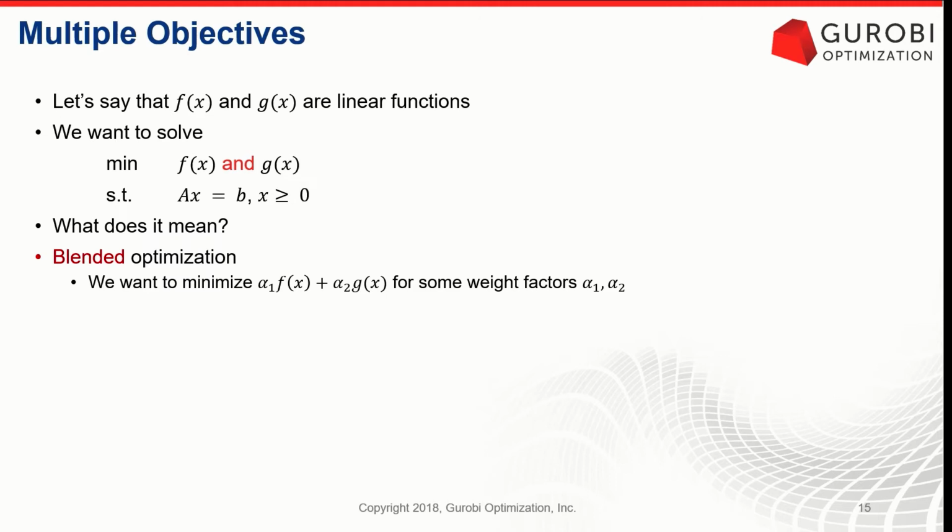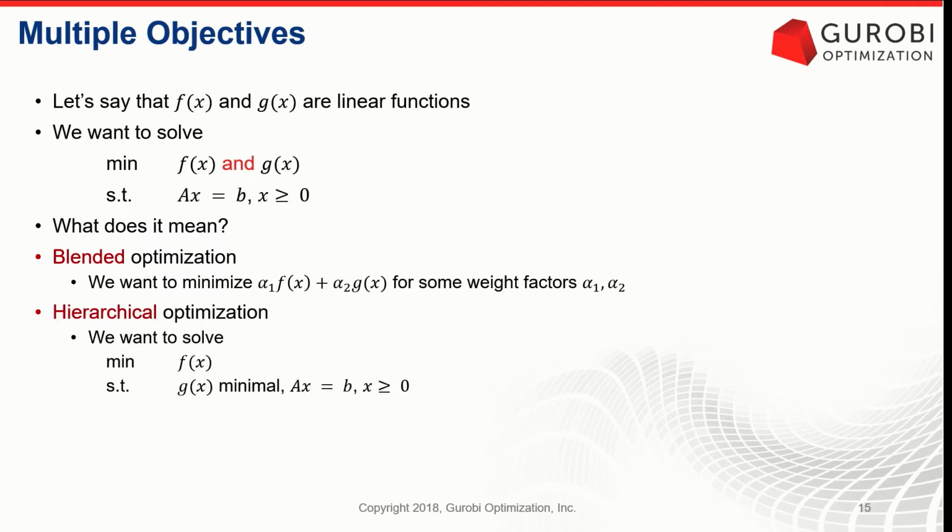A different interpretation for minimizing two objectives is hierarchical optimization. Here there is an underlying notion that one objective is more important than the other one. So let's say that g of x is more important than f of x.